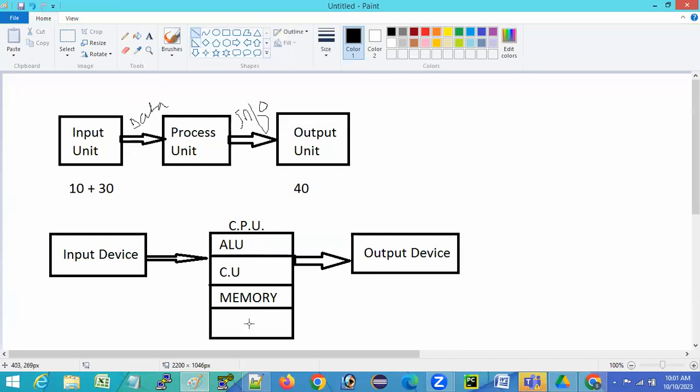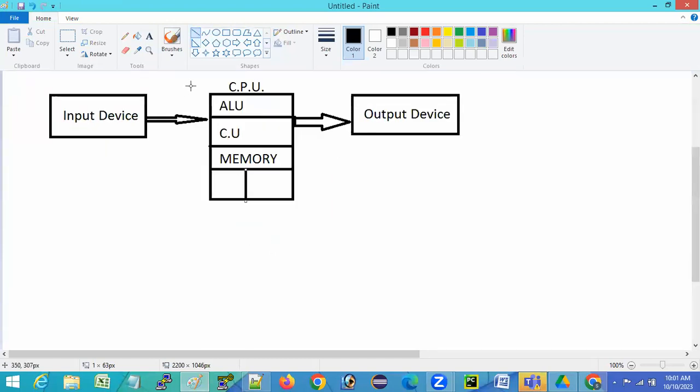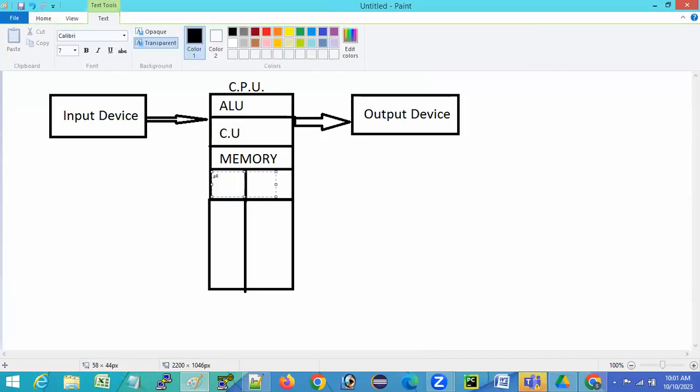What are those? This is called the primary memory.